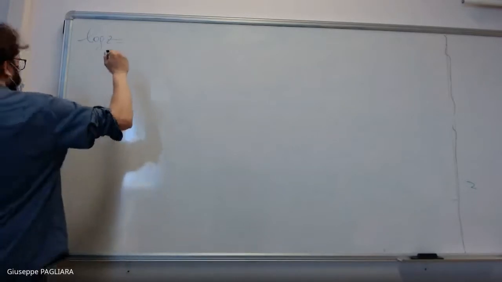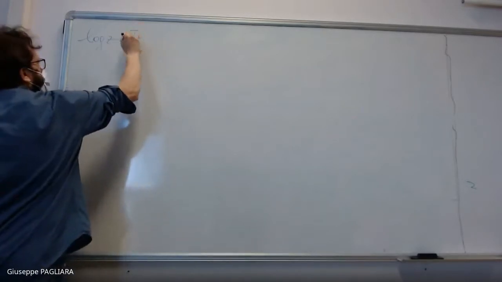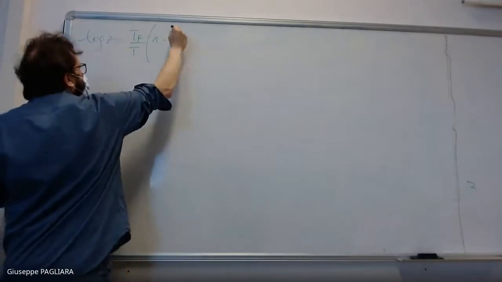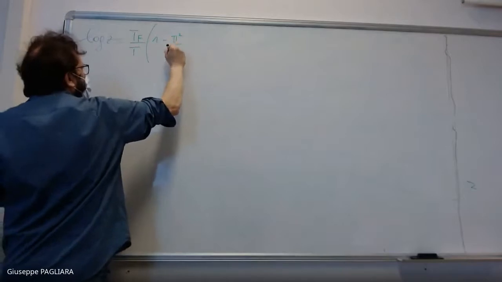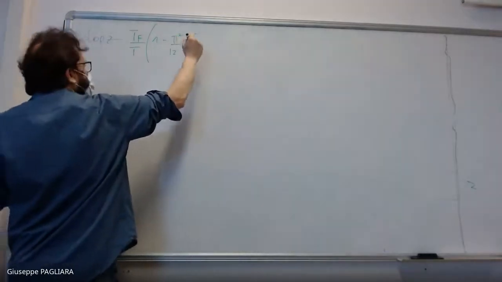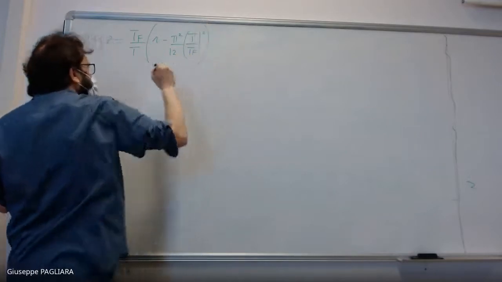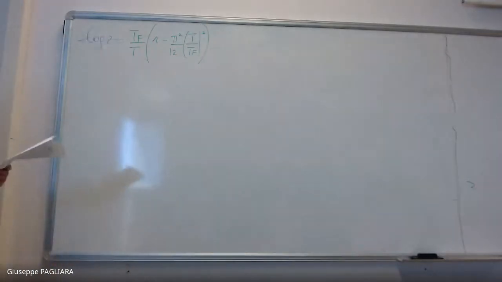So log of z was found before. It is equal to T_F divided by T, and here you have 1 minus pi squared divided by 12 T squared. I need to keep this relation because it will be useful in a moment.